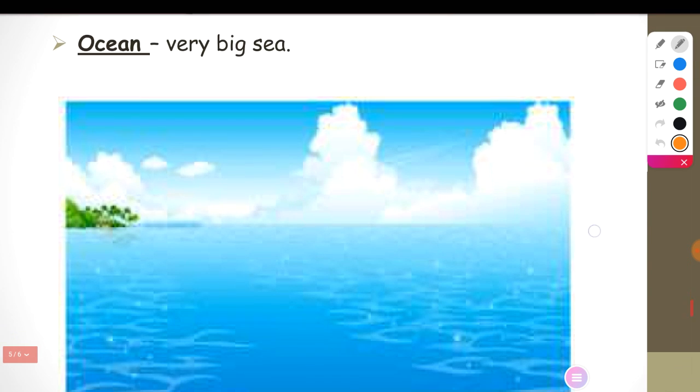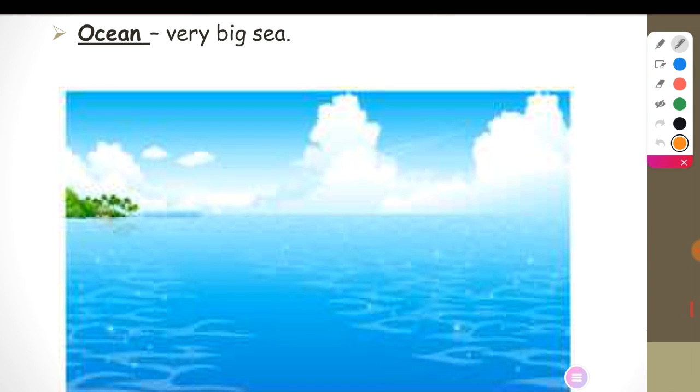So we have here what is in the picture. Oh, it's not so clear, right? I'm sorry. Right at the picture, we have the word ocean. What do you mean by ocean? Of course, you know it, right? Ocean is a very big sea.